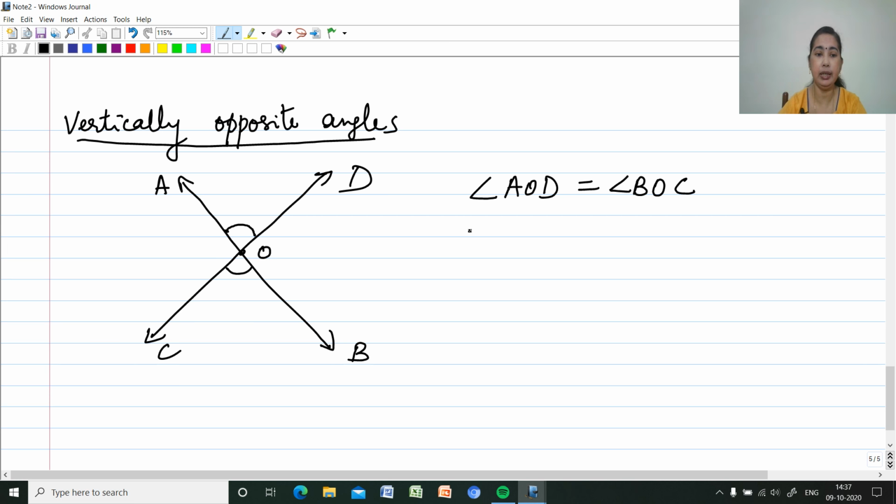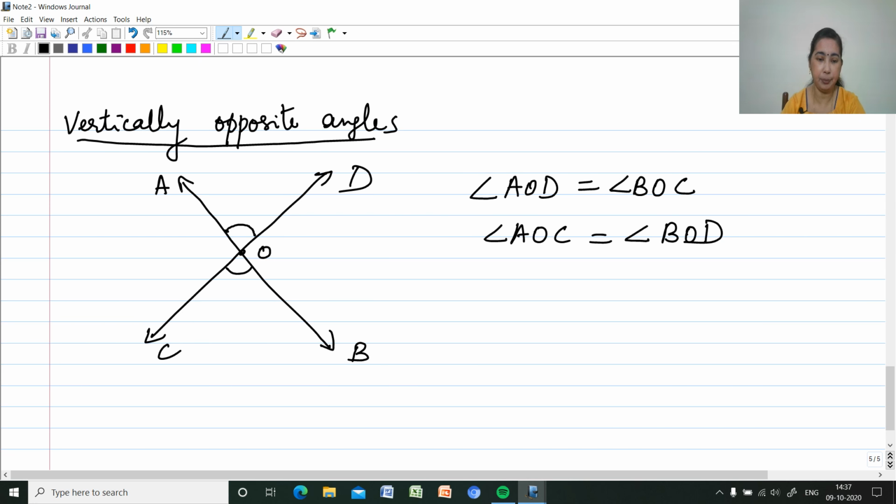They are vertically opposite angles. In the same way, angle AOC will be the same as angle BOD. Vertically opposite angles will be the same. So we studied that a linear pair of angles sum to 180, and that if two lines intersect, the vertically opposite angles are equal.